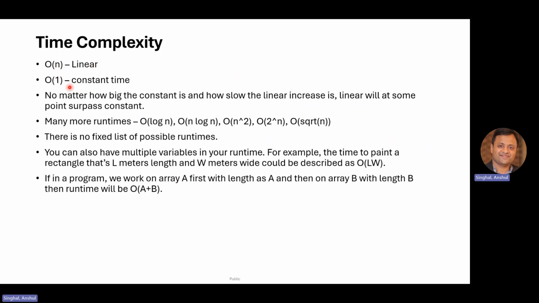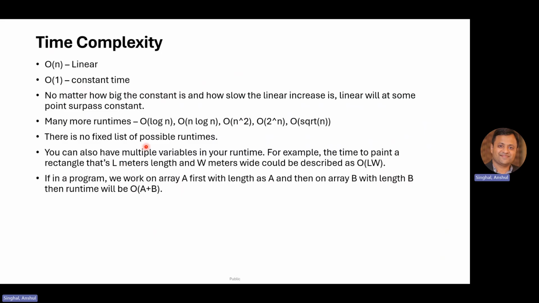It is usually doing something a fixed number of times. Later we will cover the ordering of which one is more efficient. But essentially, however big the constant is and however slow the linear increase is, linear will always surpass the constant. So constant time complexity is always better than linear time.